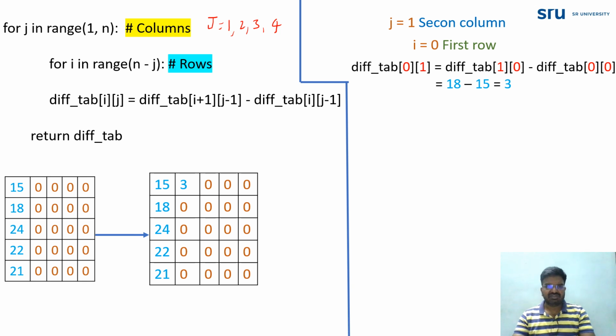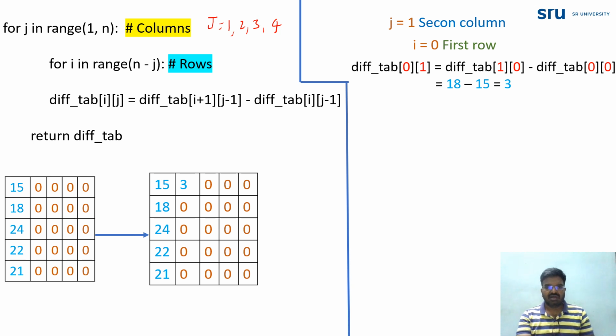So j takes 1, 2, 3, 4. Already you know in Python the index starts from 0. So j equal to 1 means the second column, j equal to 2 means the third column, j equal to 3 means the fourth column, and j equal to 4 means the fifth.